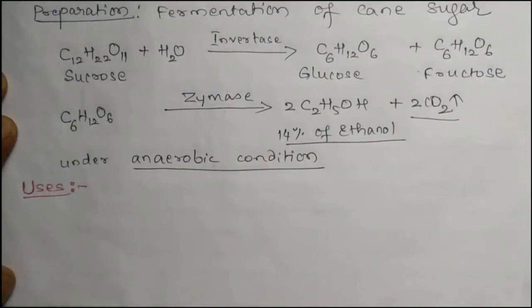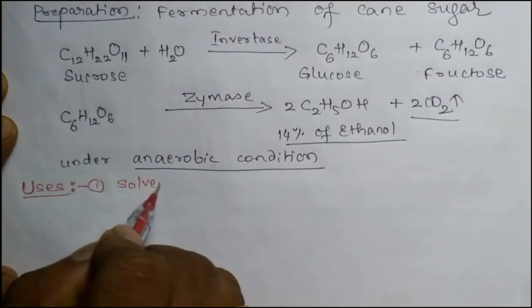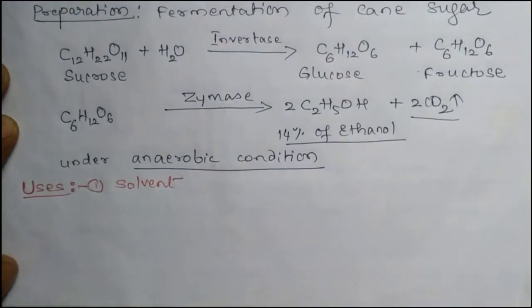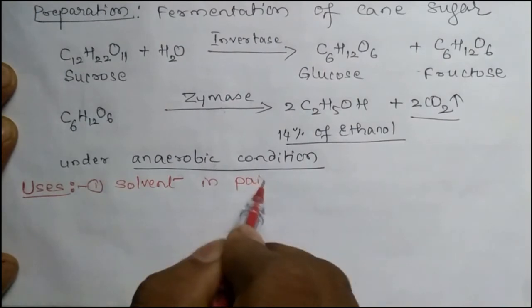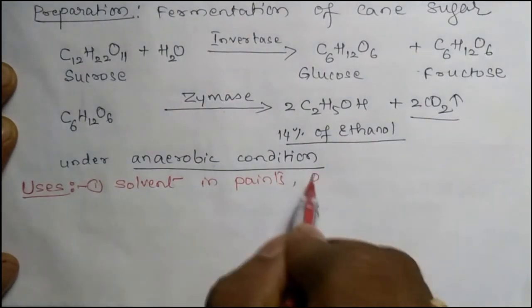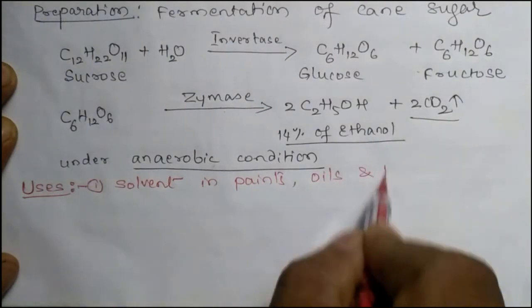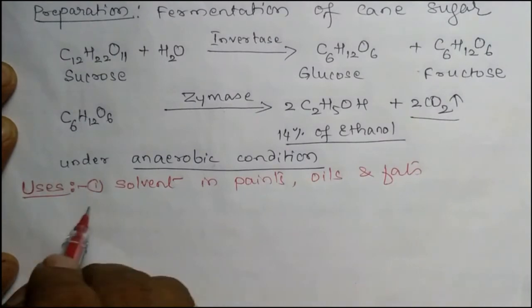Now let us see uses of ethyl alcohol. Number 1, it is used as solvent in paints, oils as well as fats.